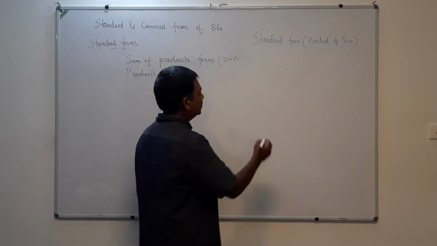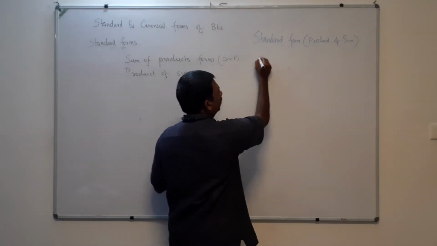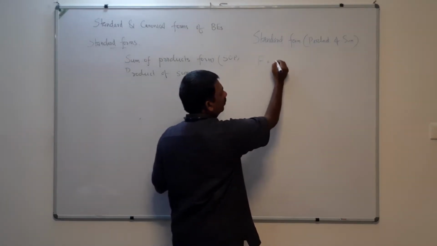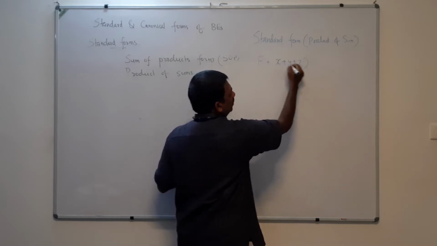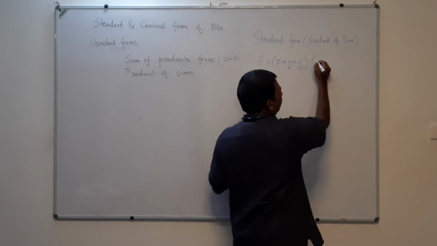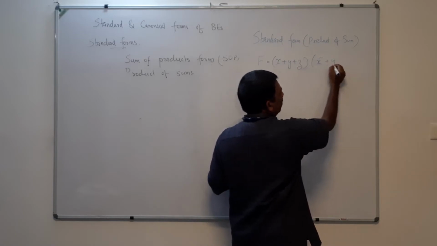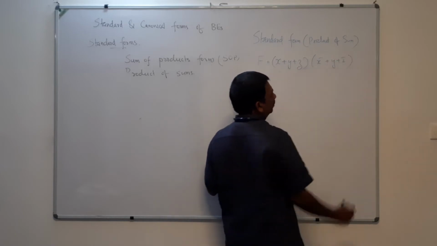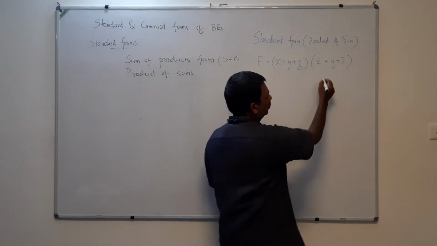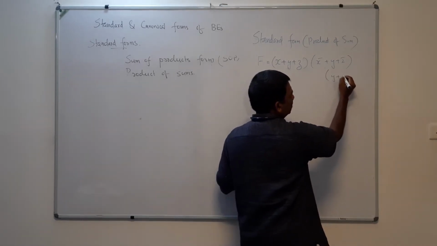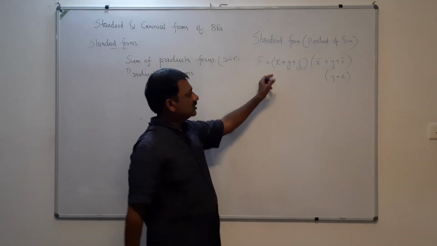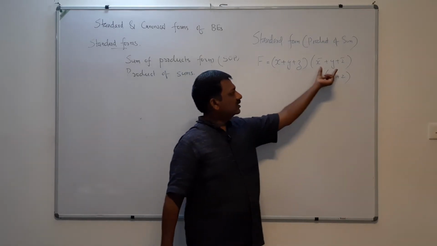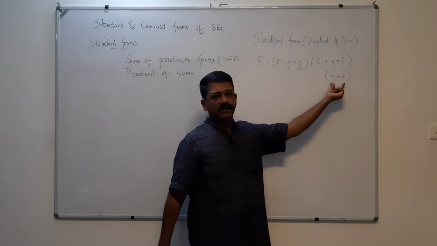Product of sum, for example, f is equal to x plus y plus z into x bar plus y plus z bar into y plus z. For example, this is a sum, this is another sum and this is another sum.